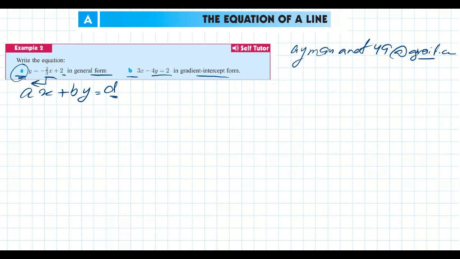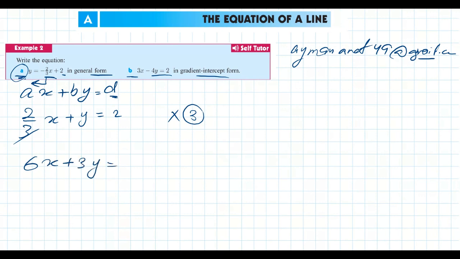Simple as that. Then 2 over 3 x plus y equals 2. And after that, you can multiply by 3 to cancel this denominator, and it becomes 6x plus 3y equals 2 times 3, which becomes 6.